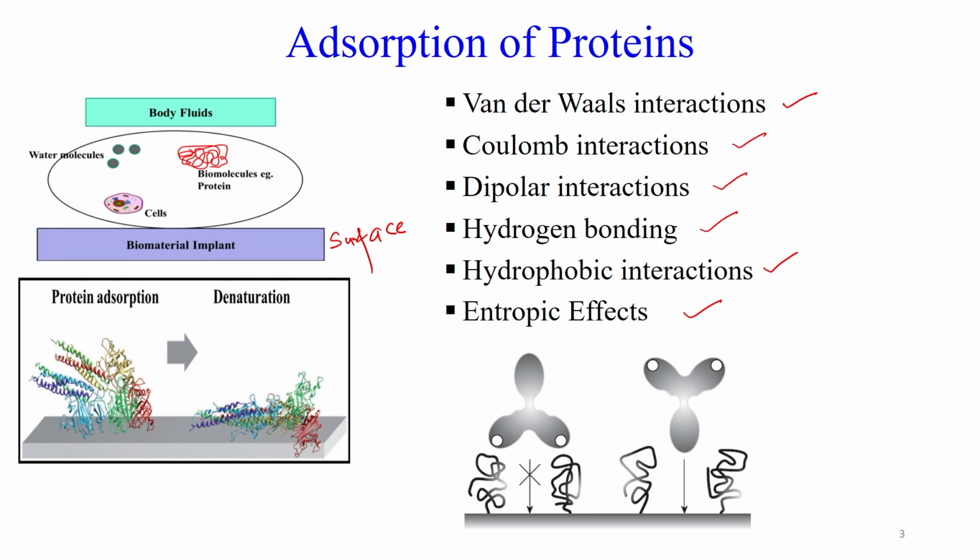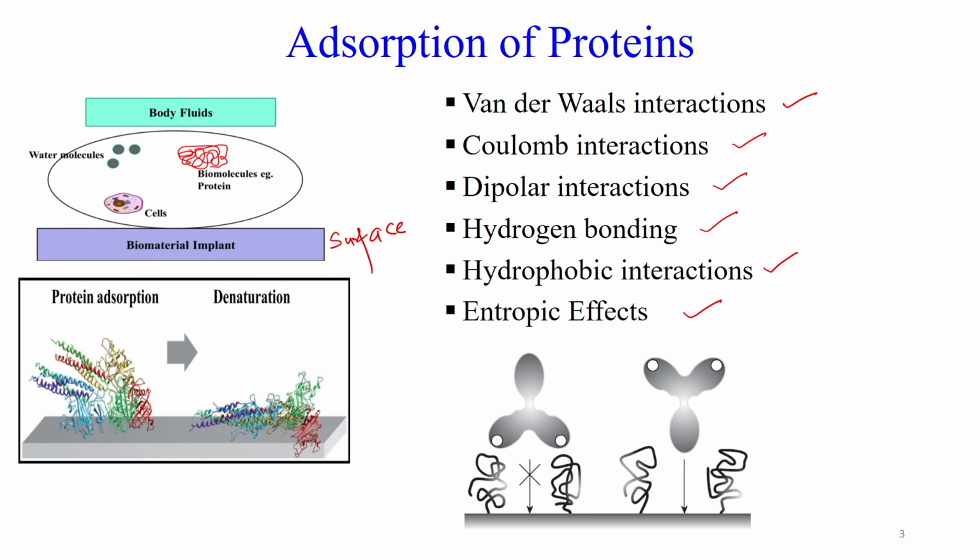So, depending on the surface property, we can tune the intermolecular or the protein surface interactions, and that can decide what will be the conformation of the adsorbed protein on the surface as well as what will be the adsorbed amount on the surface. So, these are the intermolecular interactions we have already discussed.